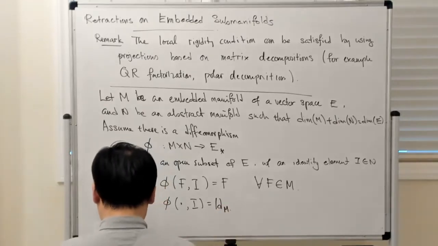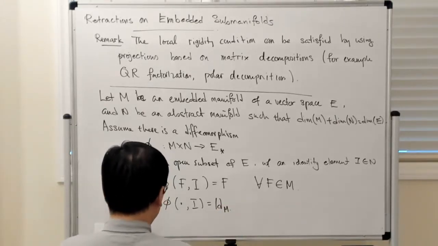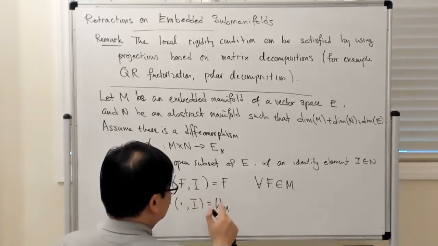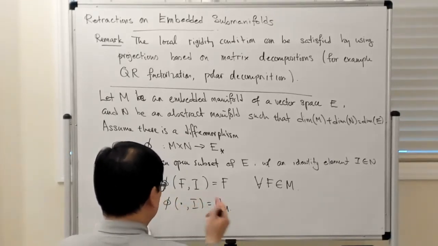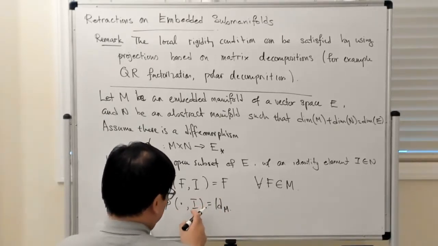Okay. If you have that, the reason why we call this identity element I is because it's going to turn out to be the case that this is oftentimes the identity matrix.